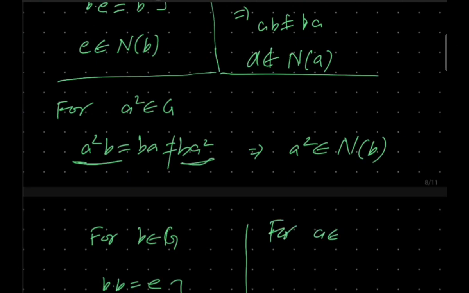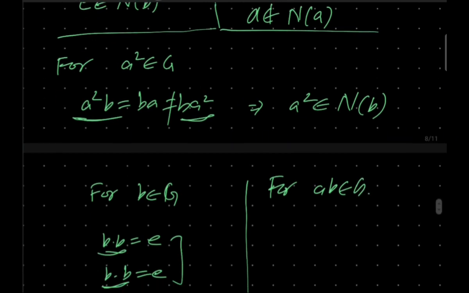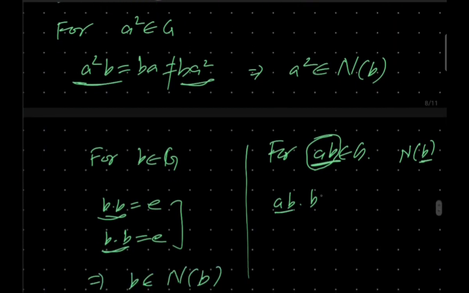For AB belongs to G, we have to check whether it commutes with B or not, because we are going to find the normalizer of B. So here we have taken AB, here we have taken B. You can check AB times B is A times B square, which is A, because B square is identity.